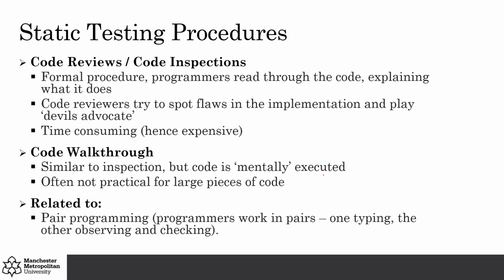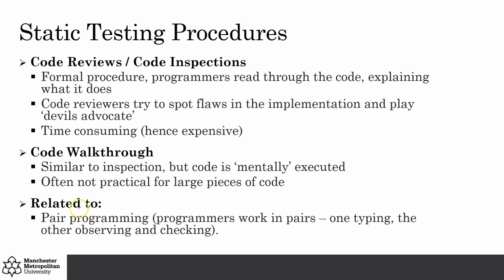You may have a method which calls another method if some condition is true, else calls another method if that condition is false. So if you've got loads of different branches where your program flows, that's not very practical for large pieces of code. Again, we can get away with code walkthrough in the labs because our code is typically small and contained to a couple of classes.